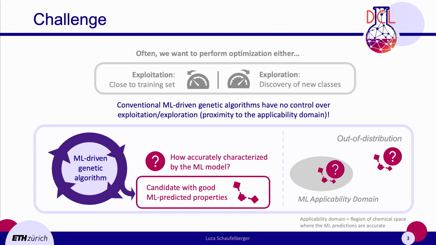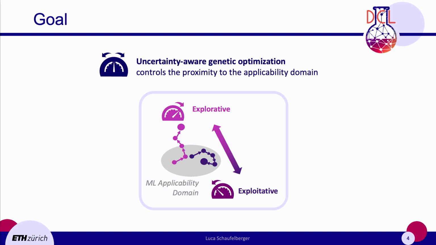Or are we really far out of distribution? We can't really control this in our optimization procedure. So this is, from a methods perspective, what I want to introduce in my talk here: uncertainty-aware genetic optimization, which can control this balance between the exploitative or the explorative setting.